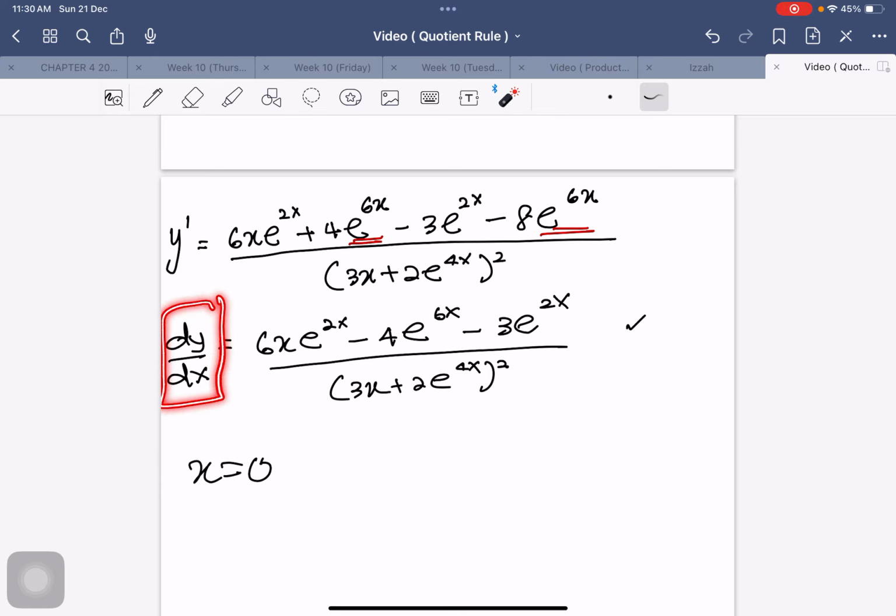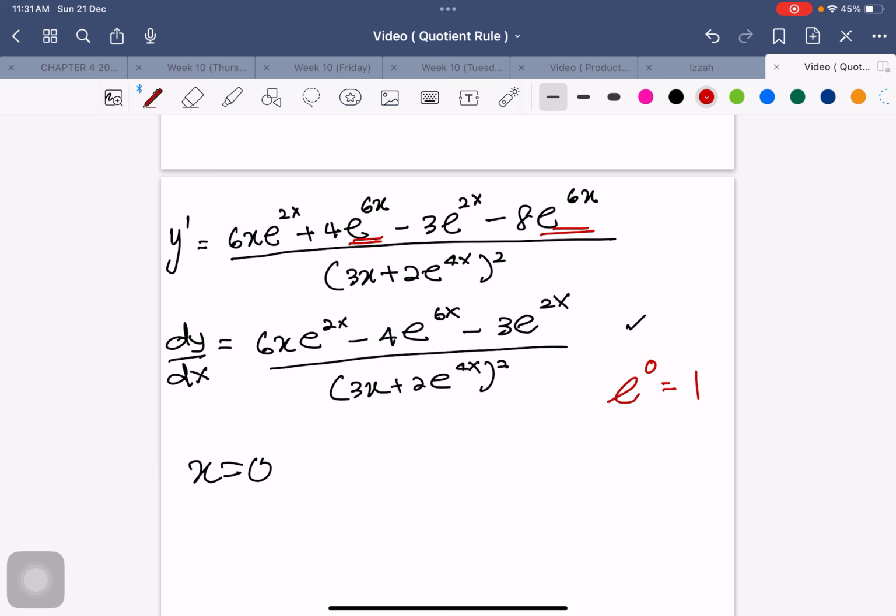So, in this case, you will get dy dx in terms of a value. Okay, it must be a value. And you have to remember that when it involves exponential, exponent 0 will give you 1. Okay, e to the power of 0 is equal to 1.